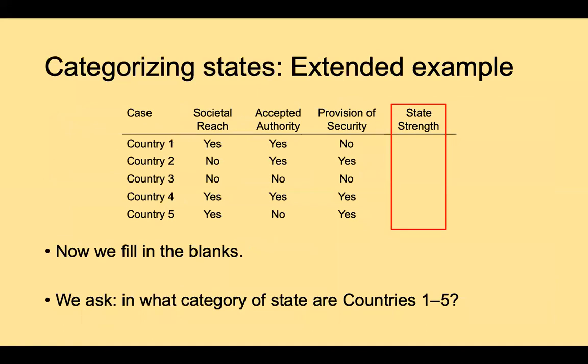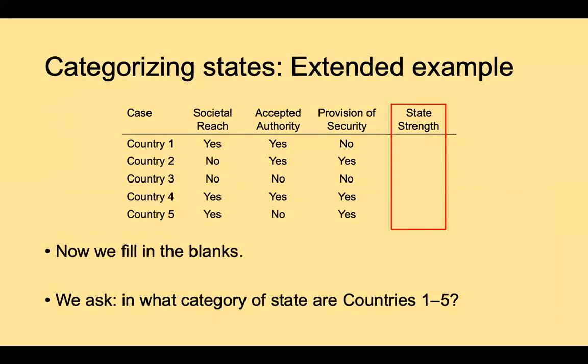Now, what we're going to do as we round out this lecture is extend the example. And I want you to once again fill in the blanks and ask yourself, in what category of state are countries 1 through 5? You'll categorize these countries, again, by looking at their values on our 3 dimensions of state strength: societal reach, accepted authority, and provision of security.